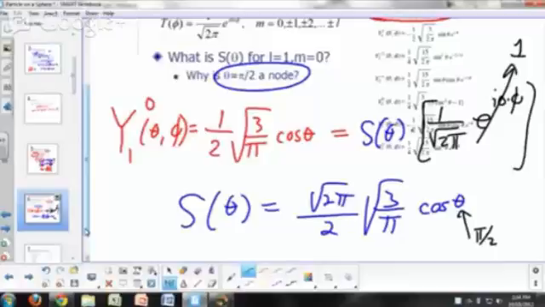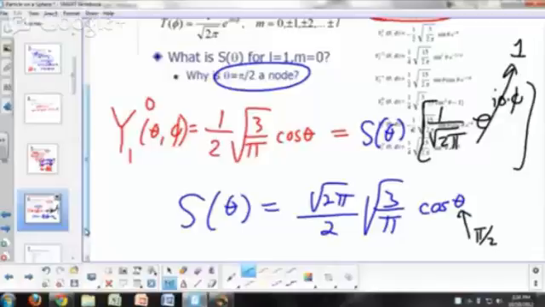It's going to be dropping to 0 until you hit pi over 2. And then it becomes negative past pi over 2 until you get to pi where it becomes negative 1, right? So cosine pi over 2 is 0. So you have a node at theta equals pi over 2.